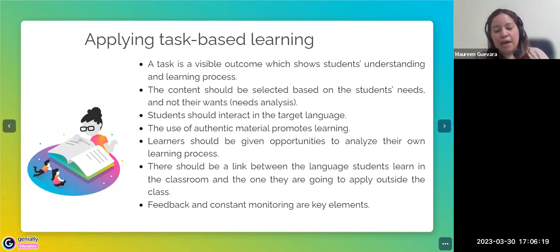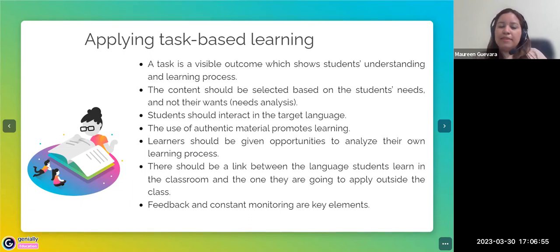I don't know if that happens in your context, but in our country, in my experience, when we are teaching past tense activities, students ask for lists of verbs in the past because they think that if they have a list of verbs, they will be able to speak in the past. And then they realize that even if they have the list of irregular verbs, they don't know how to use them and they don't know how to pronounce them.